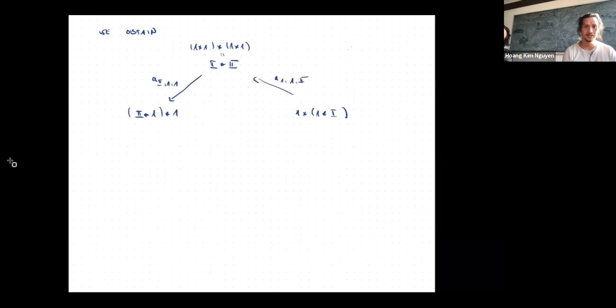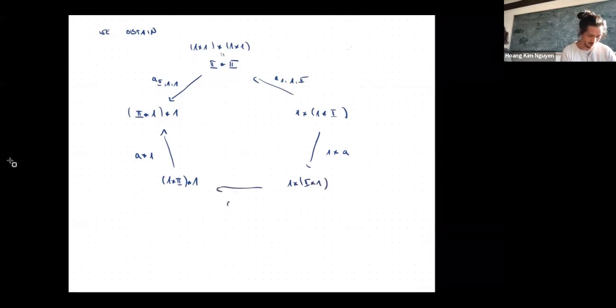This should be this one, and further maps. And this is supposed to commute.